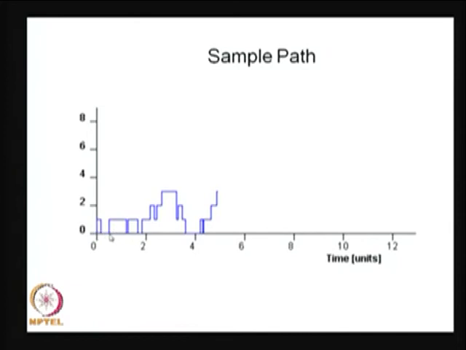This is the time point at which the second customer enters, and this is the time point at which the third customer enters. Therefore, the inter-arrival time is from this point to this point and so on. So, this is the dynamics of the number of customers in the system over time.